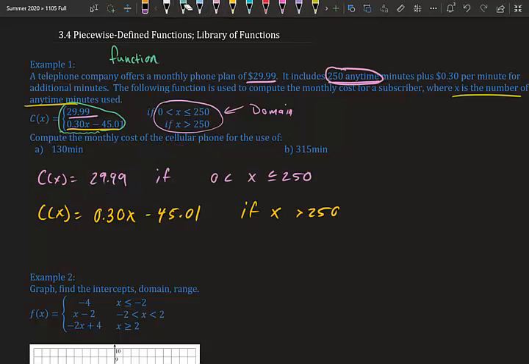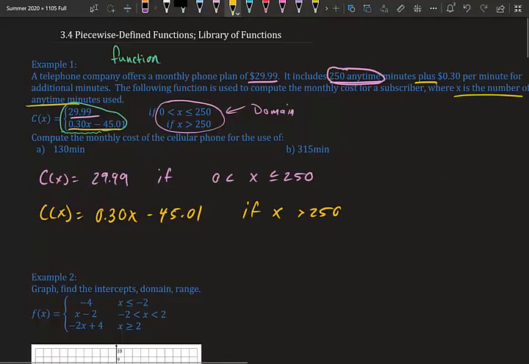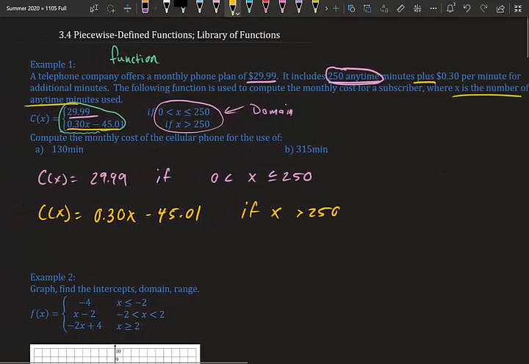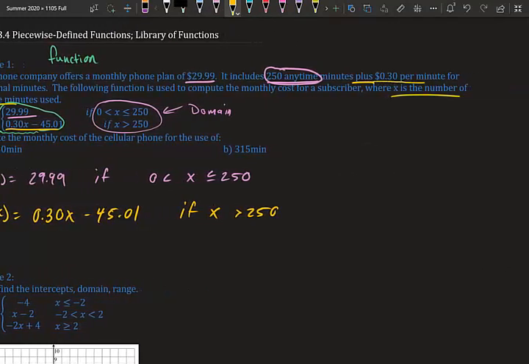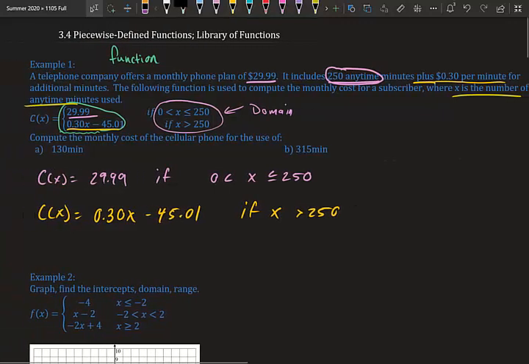Then if we keep going through the word problem, plus 30 cents per minute. So if I go over 250, they're going to charge me 30 cents extra. Why 45.01?